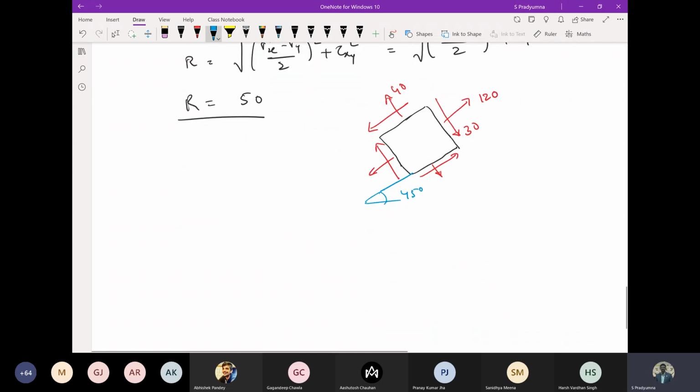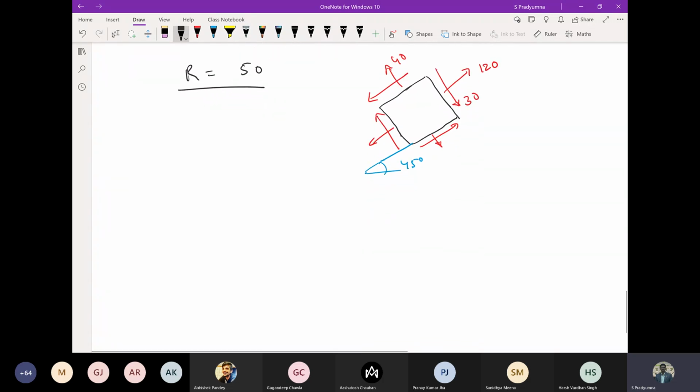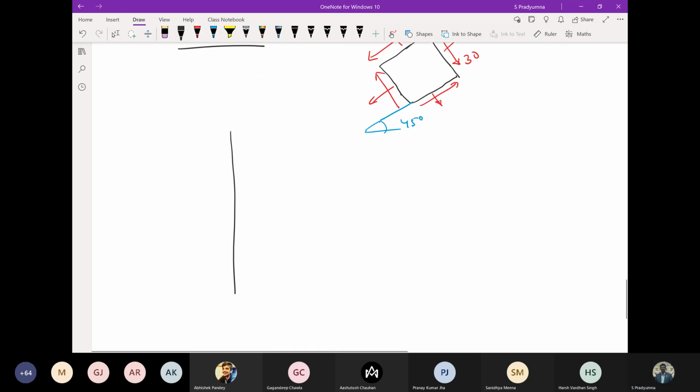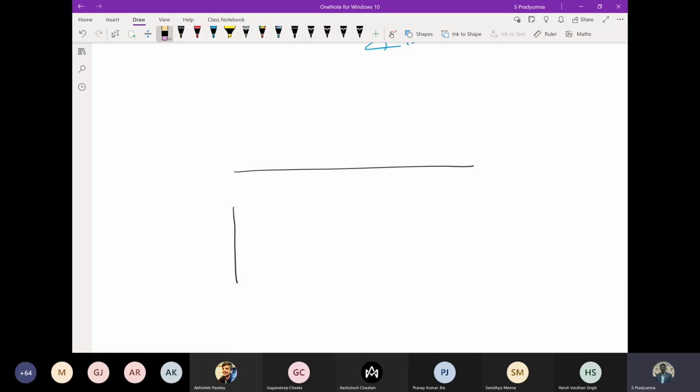Now let's come to the Mohr circle. I can draw the Mohr circle first. First I locate sigma x, tau xy.